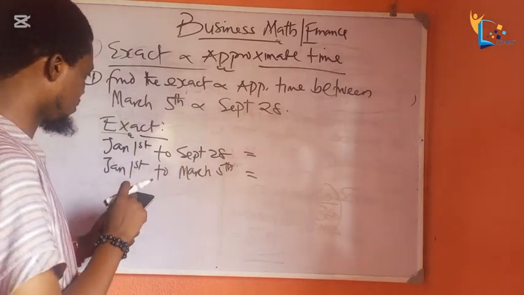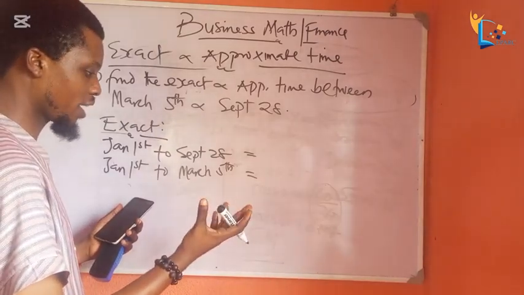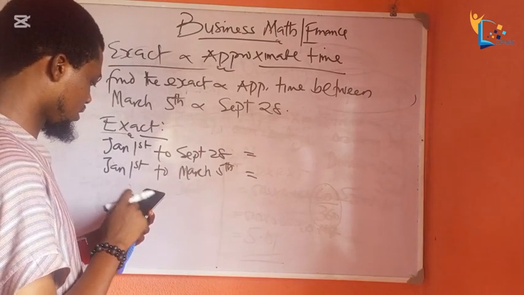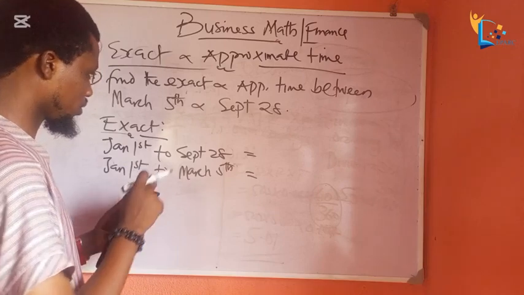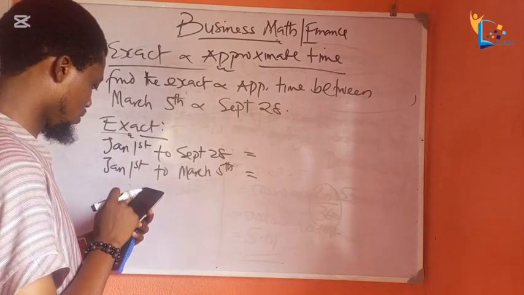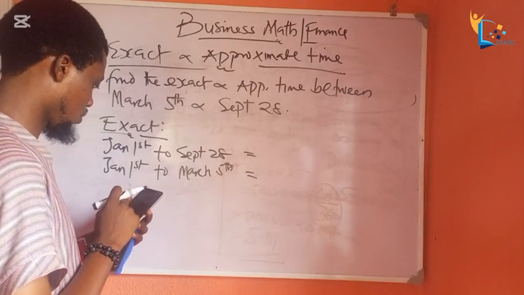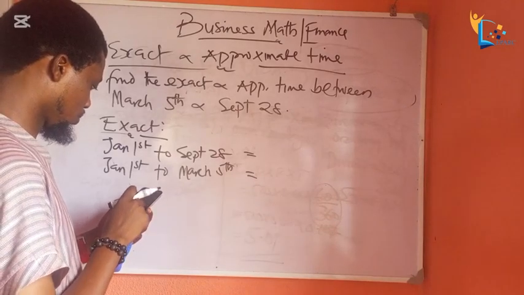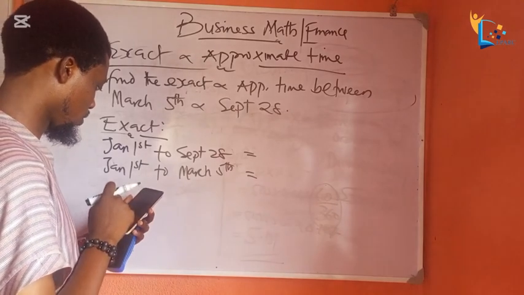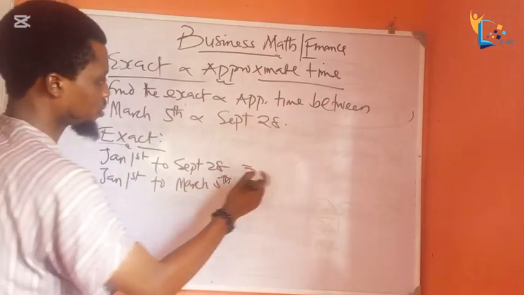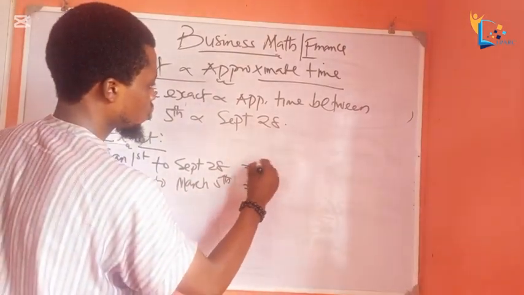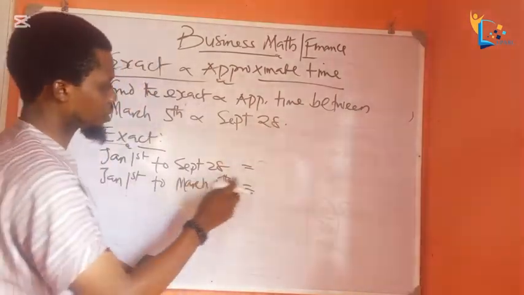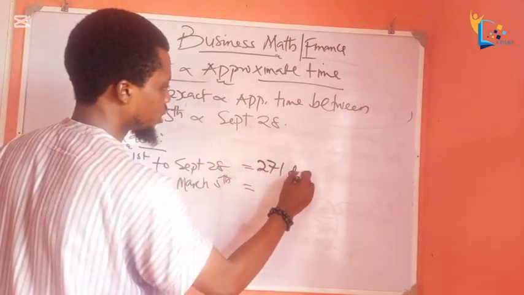January 1st to September 28th will give us 271 days.